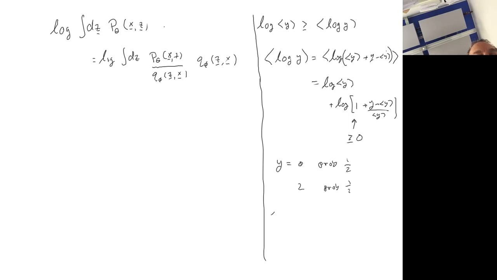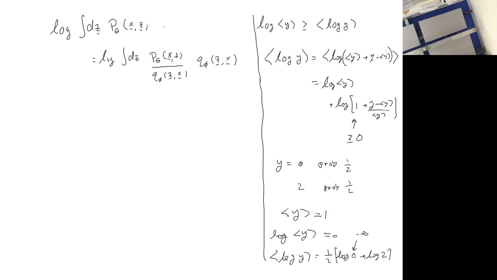So obviously the average of y equals 1, and log of the average of y equals 0, but the average value of log y equals 1/2 log 0 plus 1/2 log 2, and this is minus infinity. Okay. So log of the average value of y is always bigger.